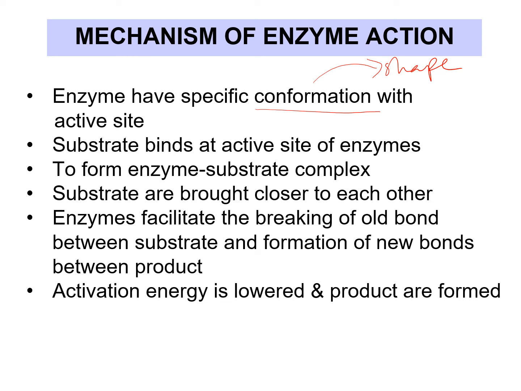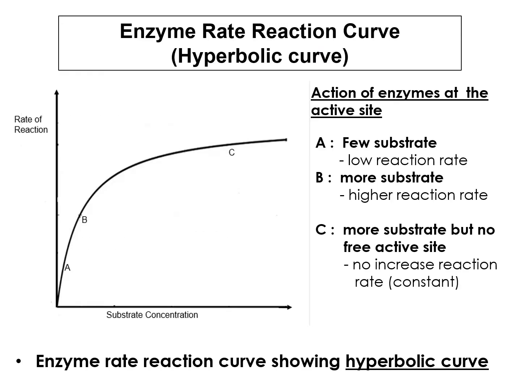So substrates are brought closer to each other. For example, if a glucose should bind with another glucose to form maltose. Then enzyme facilitates the breaking of old bond between substrate and formation of new bonds between the product. So activation energy is lowered and product is formed.